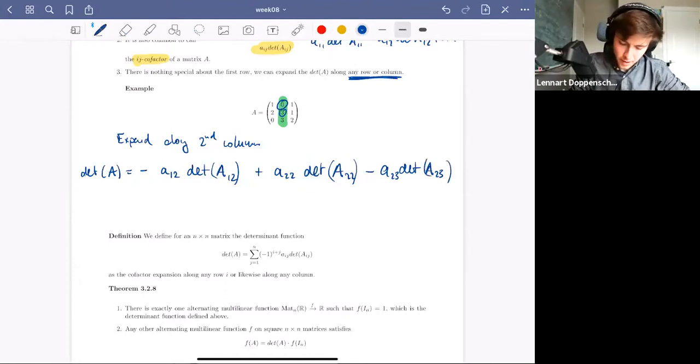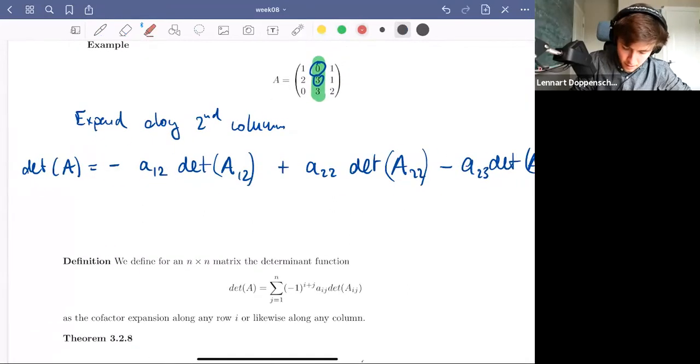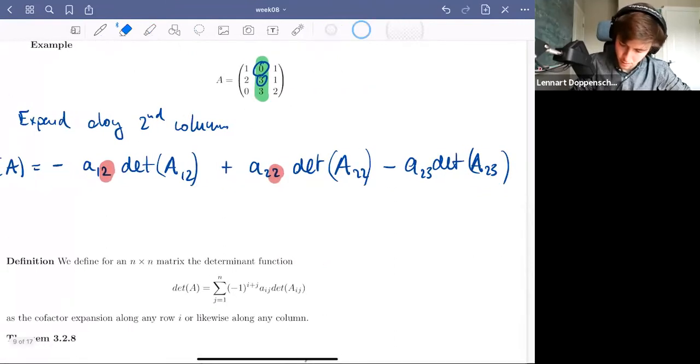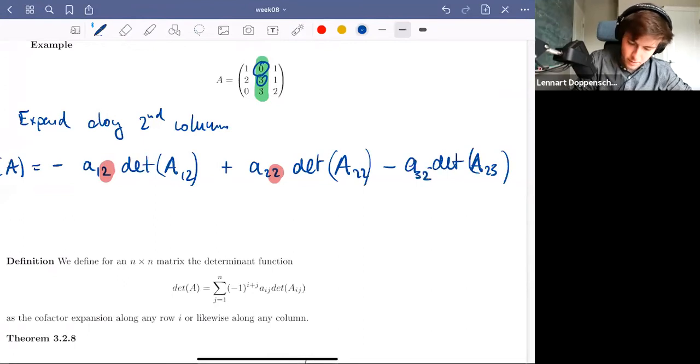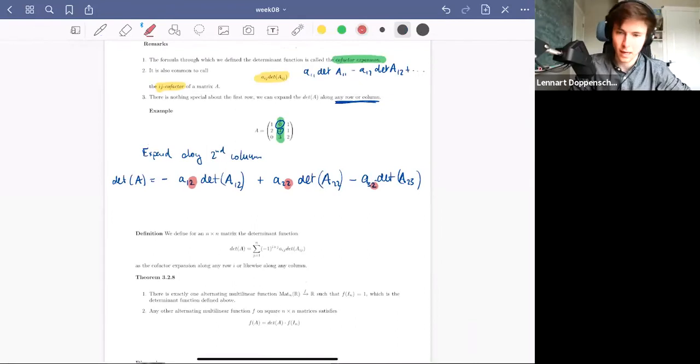And you can see the only thing that's constant in the indices is the column index, the second. No, it's 3, 2. This makes sense. So this means we are in the second column.